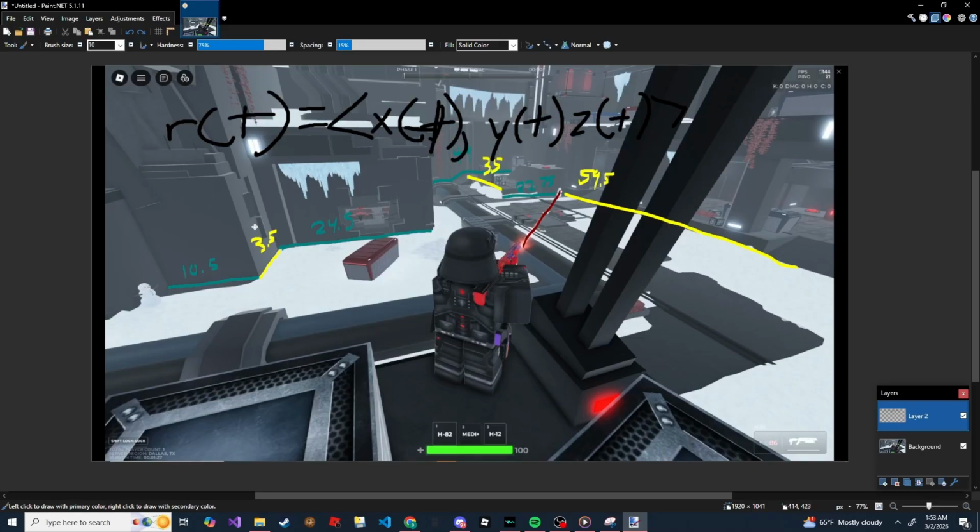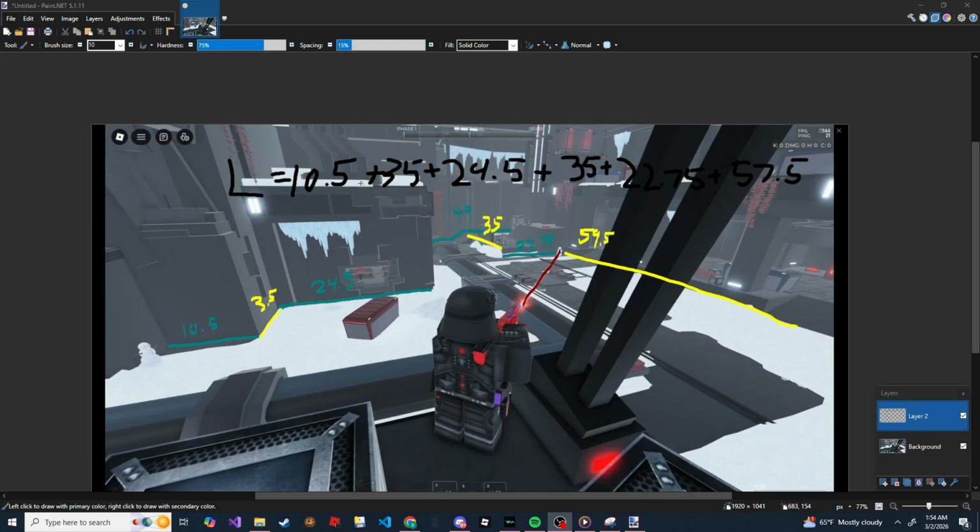So, we have another equation. The total displacement along the curve is defined by the arc length functional. So, L equals the integral from a to b of the magnitude of r prime with respect to t. So this is our equation.